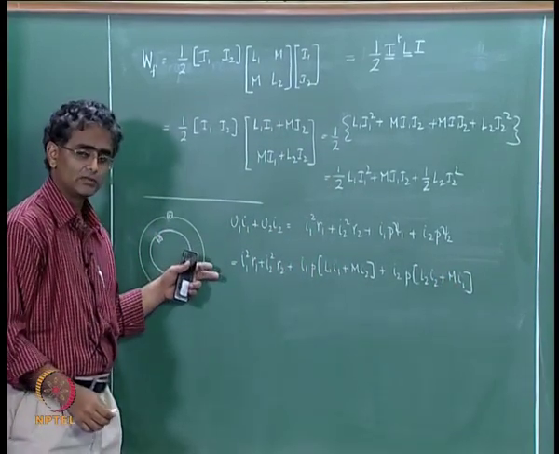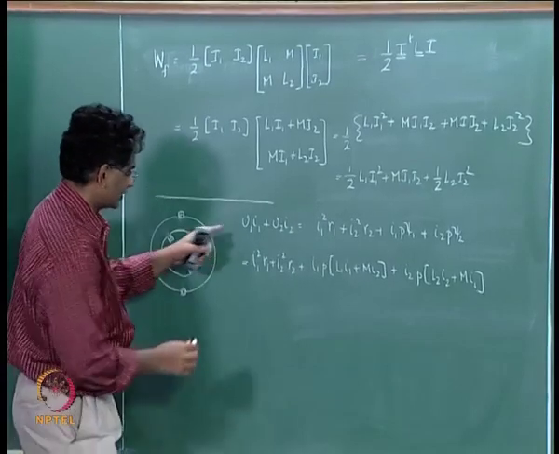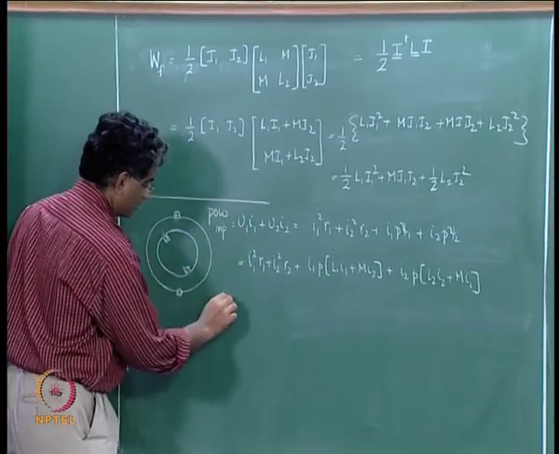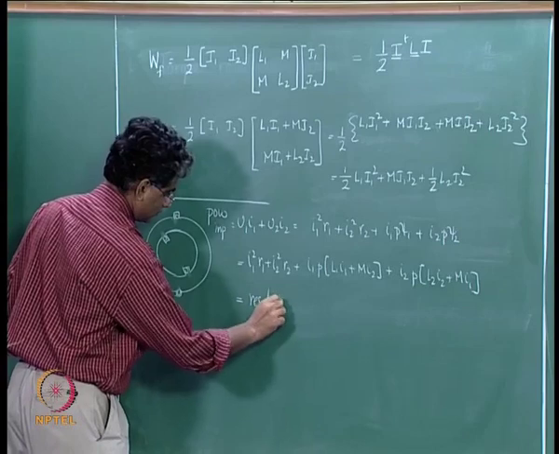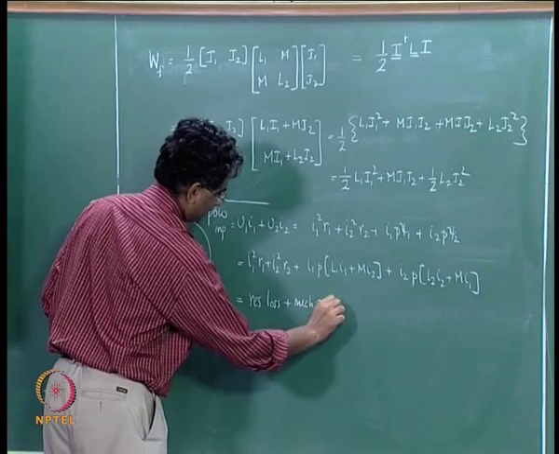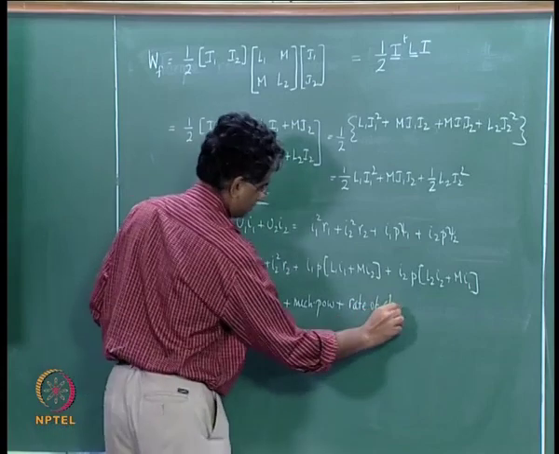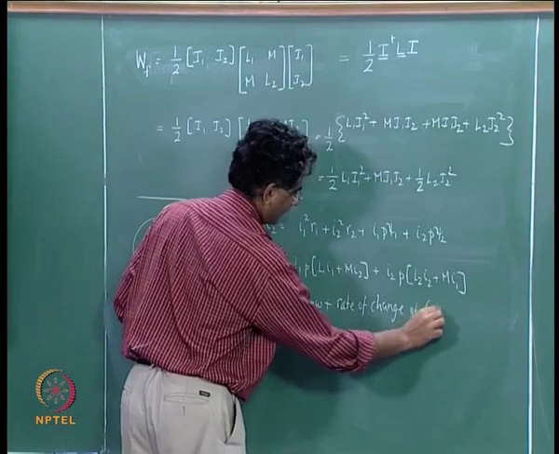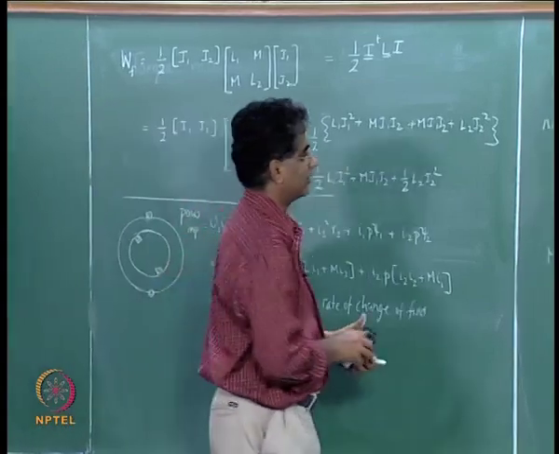And this expression, as we have seen in the earlier systems, this power that is input must be equal to resistive loss plus mechanical power plus rate of change of field energy, and we know the field energy expression now. So, let us calculate the rate of change of field energy.